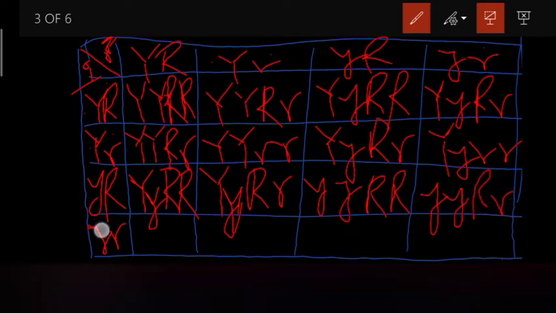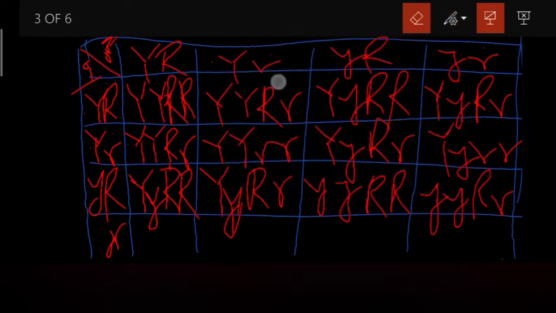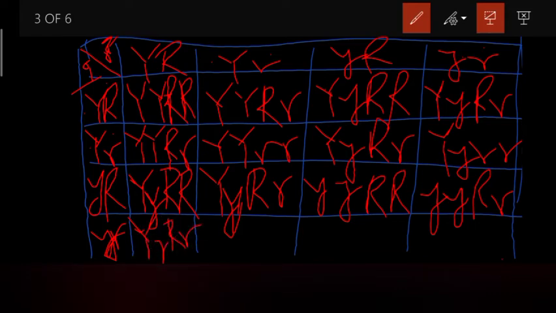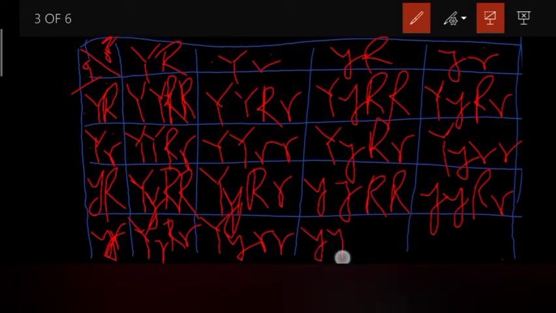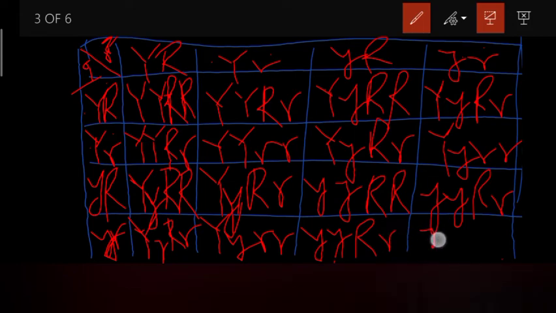And the last one, here, this is small y and small r, capital Y, small y, bigger and smaller, capital Y, small y, smaller, small y, capital R, smaller, small y, smaller.